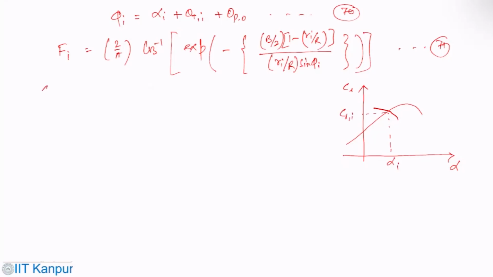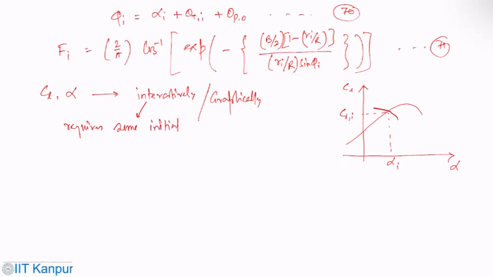So now CL and alpha are either found iteratively or graphically from the CL versus alpha curve. But obviously, if someone wants to do it iteratively, this requires some initial estimate or guess.